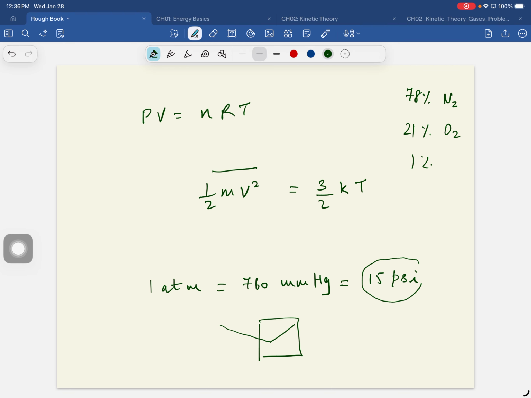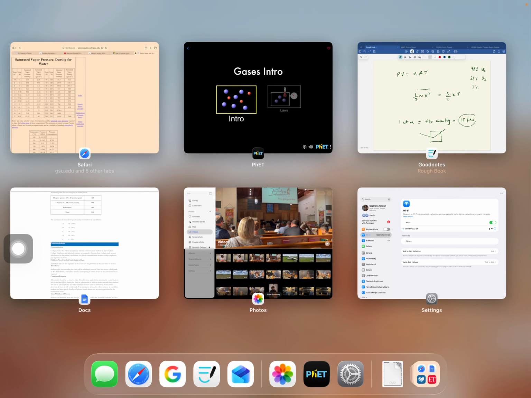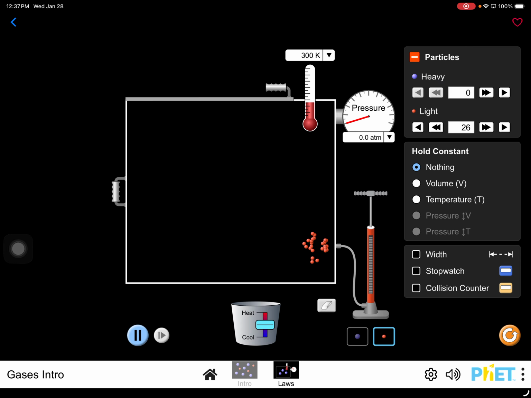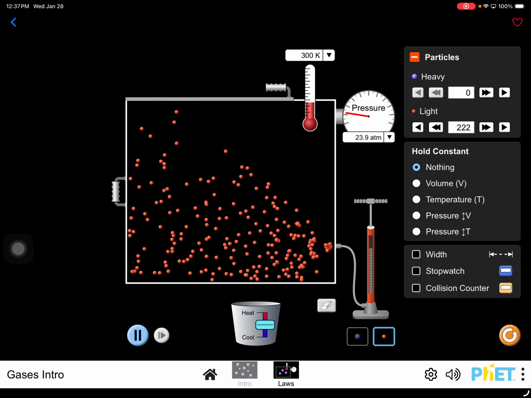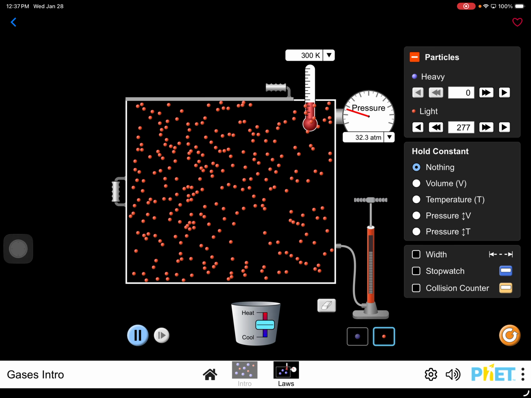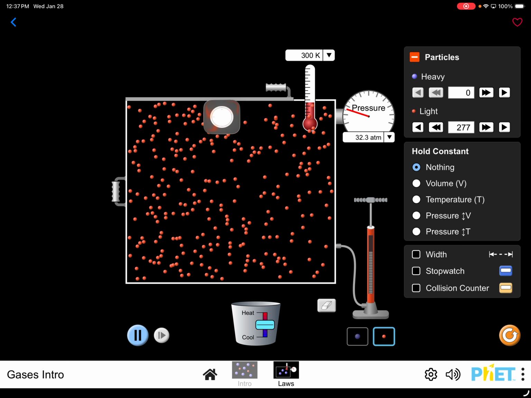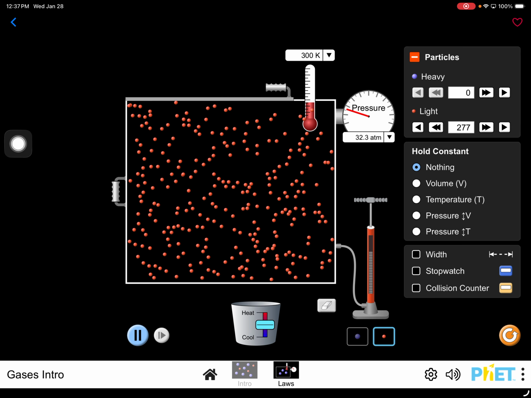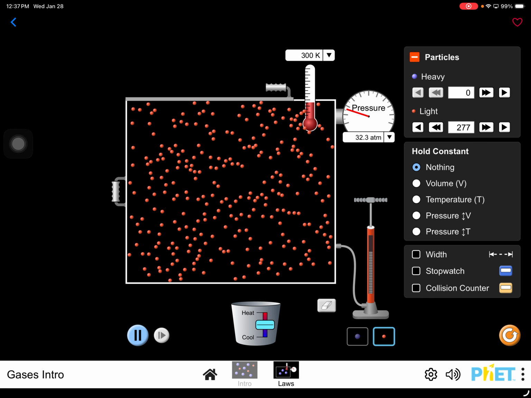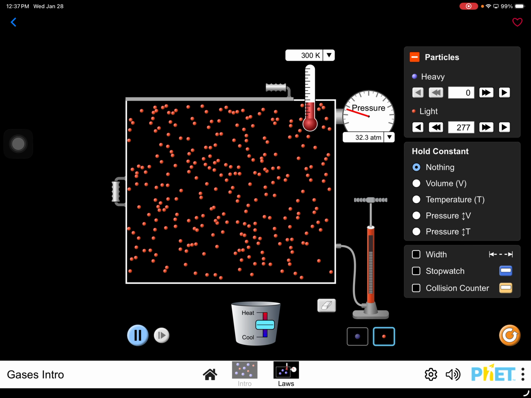But air molecules bouncing off the wall of this 1 square inch are exerting a force of 15 pounds. So these air molecules bouncing off the walls are exerting a force of 15 pounds per square inch. These tiny molecules.